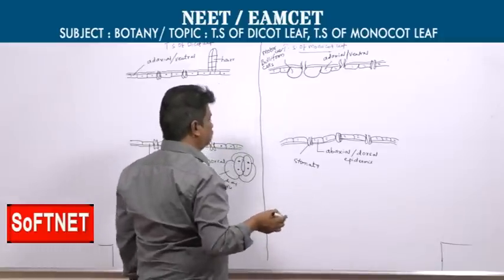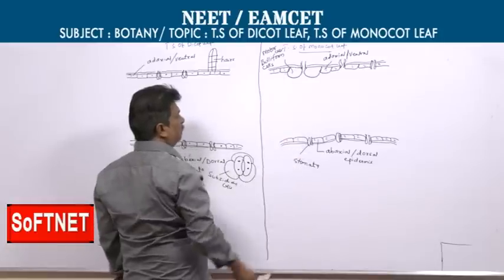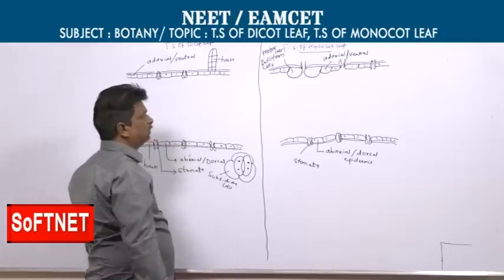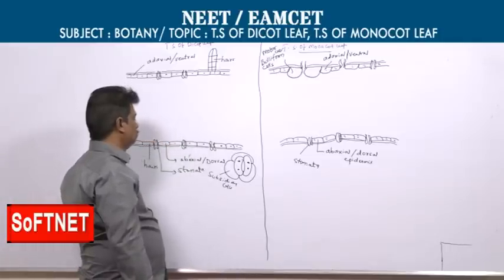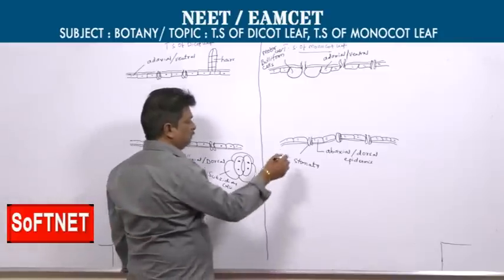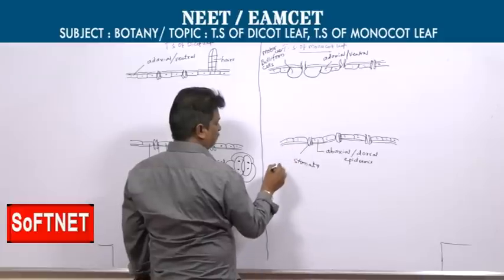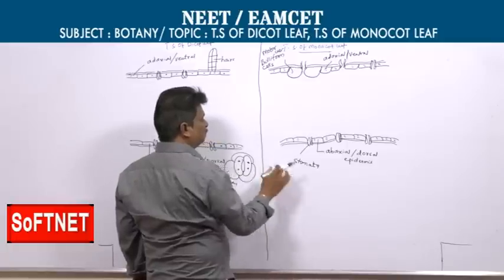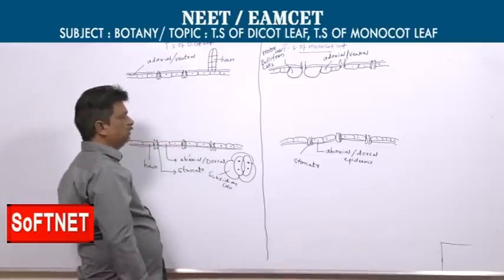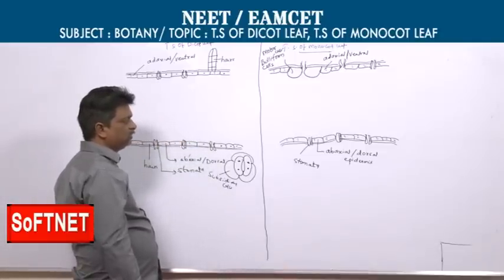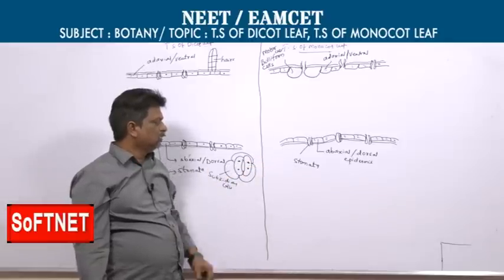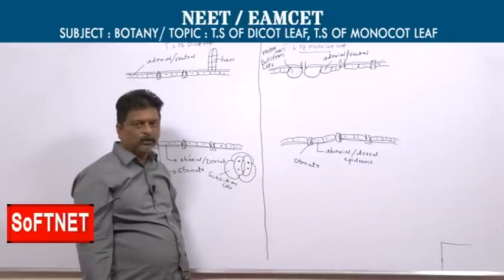And in grass leaf, the epidermis is without outgrowths or hairs. The stomata have a turgor operated valve enclosed by guard cells, but these guard cells are dumbbell shaped in monocots.